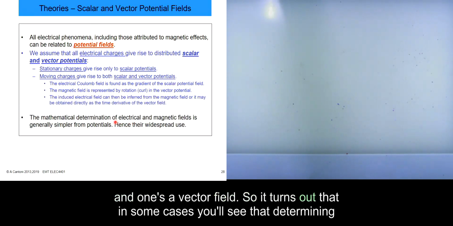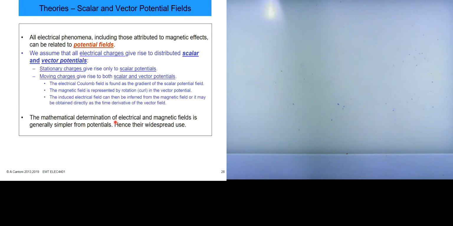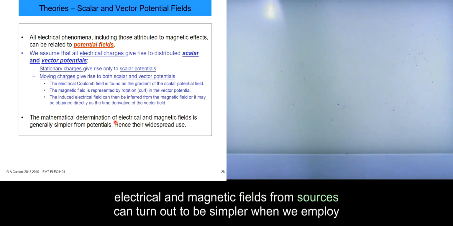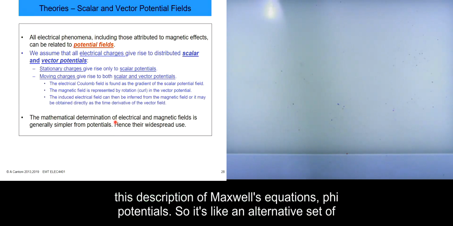In some cases, determining electric and magnetic fields from sources can turn out to be simpler when we employ this description of Maxwell's equations via potentials. So it's like an alternative set of equations to describe electromagnetic radiation.